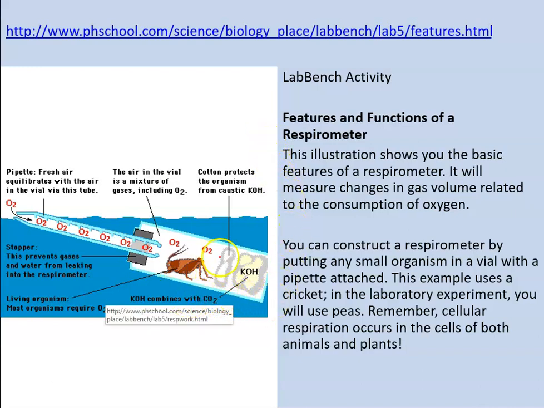In this virtual lab the same thing is happening which I explained in my first slide. The oxygen will be absorbed by the insect from here, and then the KOH absorbs the carbon dioxide. So the only thing that will be measured is the usage of the oxygen, which shows the amount of respiration.